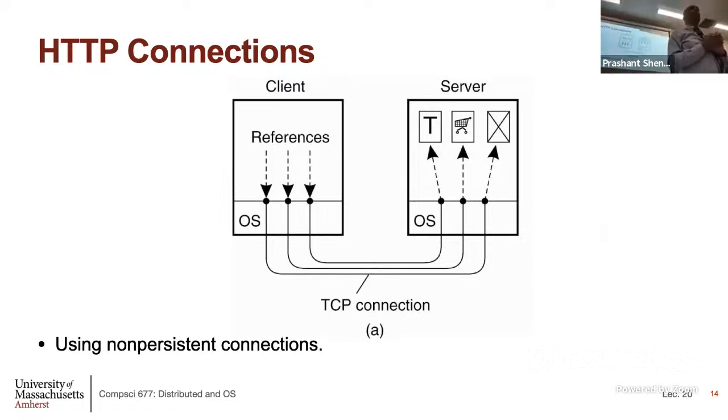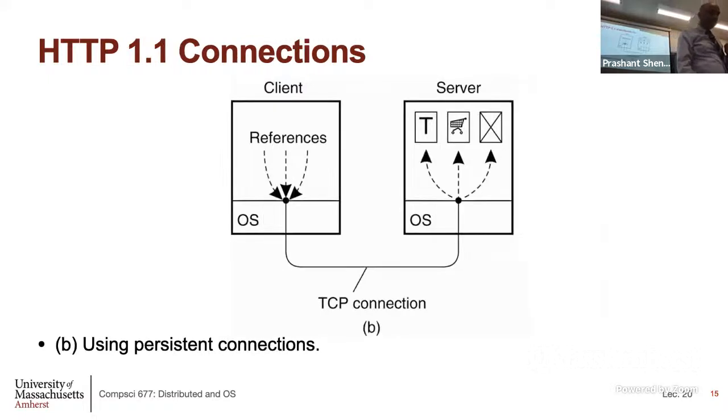That was HTTP 1.0, called non-persistent HTTP. Then you had version 1.1 of HTTP, which is called persistent HTTP. As you see in this picture, there's one open socket connection between the client and the server. You open one socket connection, first send your HTTP request, and get back your HTML page.